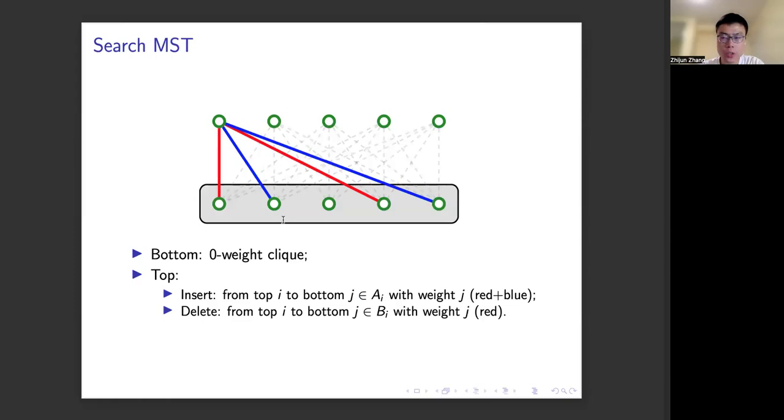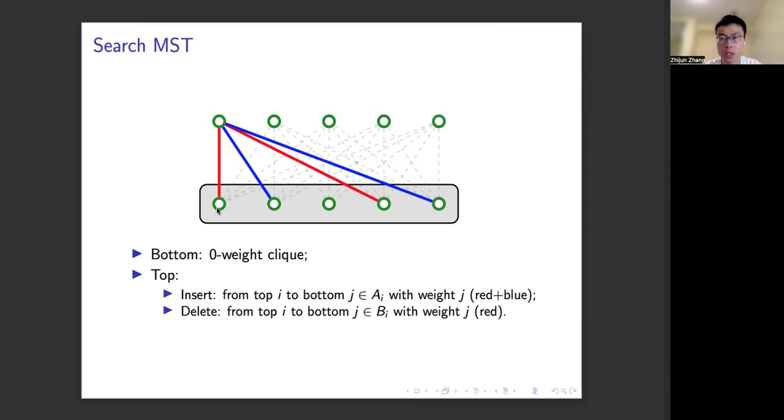And later on, we're also going to remove a subset of these inserted edges. Here, the red edges will be first inserted and later removed. Well, the blue edges are only inserted, but not removed. So we can see the MST of this particular graph will have a very special structure.